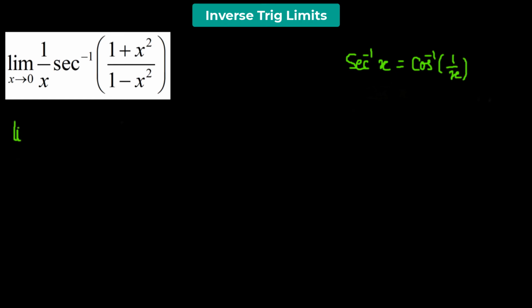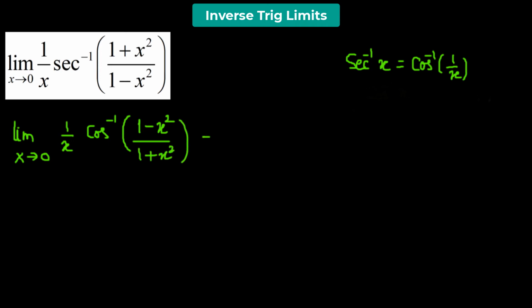So we have limit x approaching 0, 1 over x times cosine inverse of the reciprocal, which will be 1 minus x squared divided by 1 plus x squared. And this becomes exactly like the previous problem. So the limiting value of this given function is going to be equal to 2 when x approaches 0.